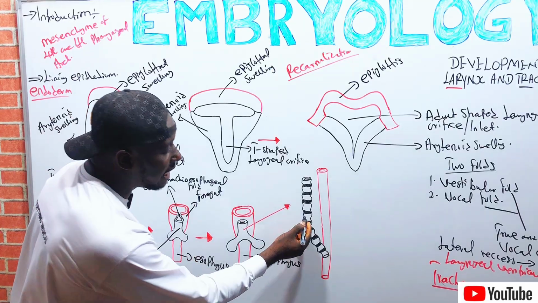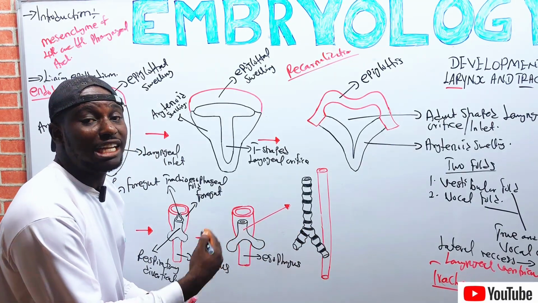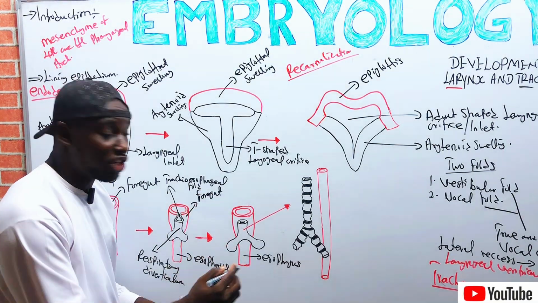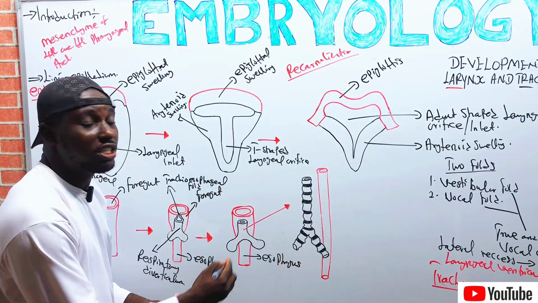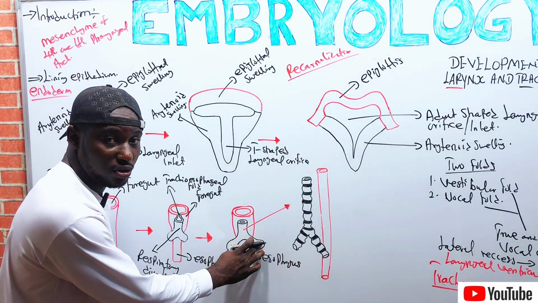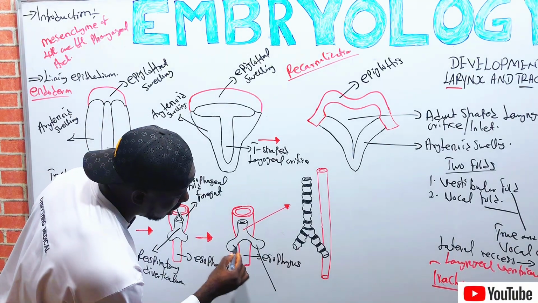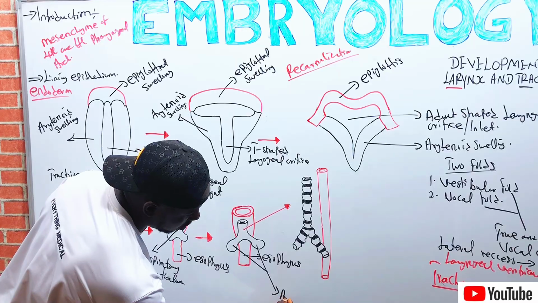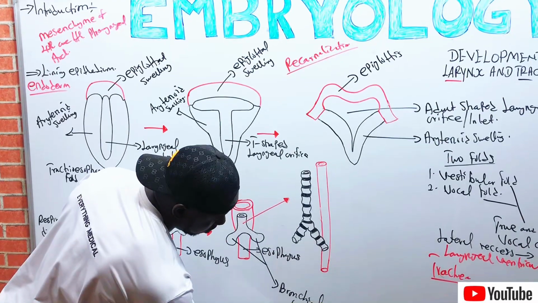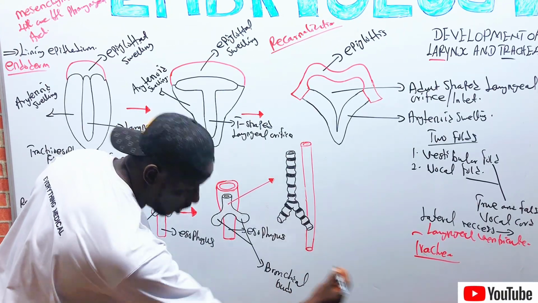Now, the trachea develops from the part of the laryngotracheal diverticulum between the larynx and the point of bifurcation, which gives rise to the two bronchial buds, which can also be called the lung buds.